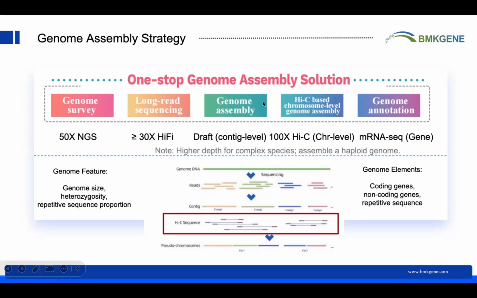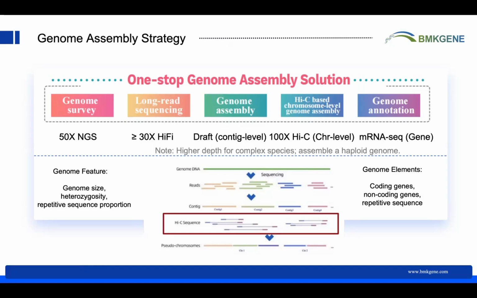And then if you want to upgrade the assembly to chromosome level, we could use 100x Hi-C reads to do the assembly into chromosome level. You can see here I give a figure to show how this process works.